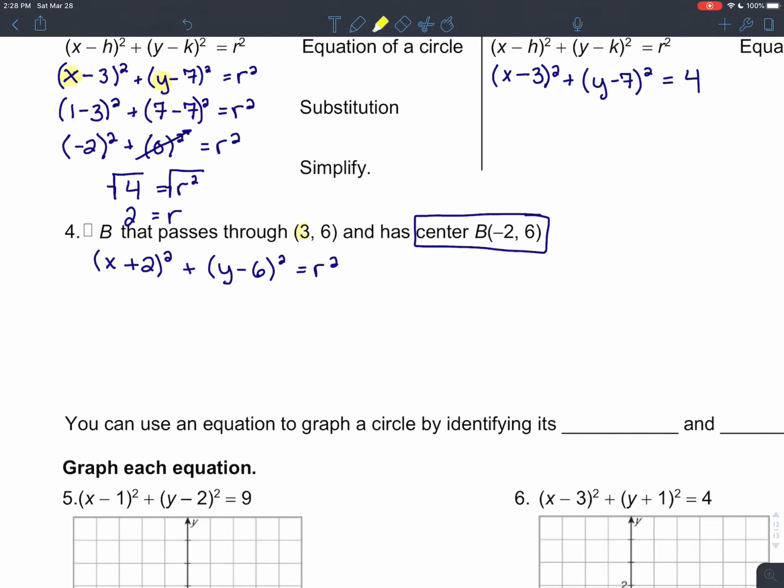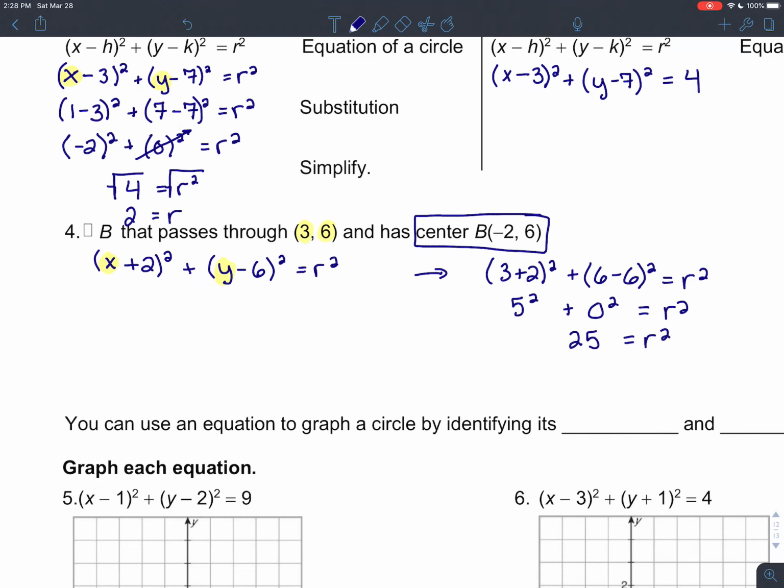So now we're going to plug in 3 and 6 for x and y, which gives us 3 plus 2 squared plus 6 minus 6 squared equals r squared. 5 squared plus 0 squared equals r squared, which means that 25 is equal to r squared.